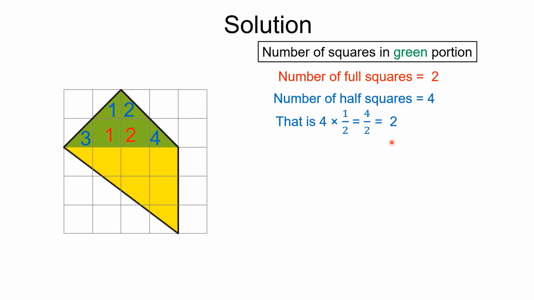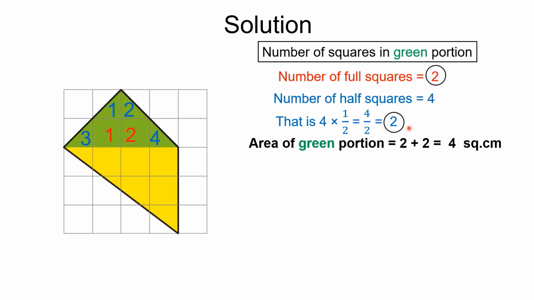Let us find out the area of the green portion. To find the area of the green portion, we have to add the number of full squares, 2, plus this 2.